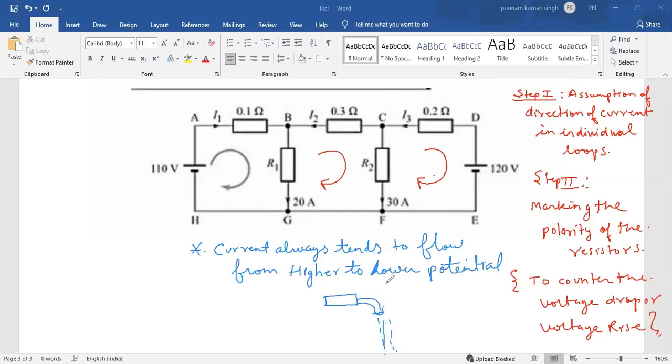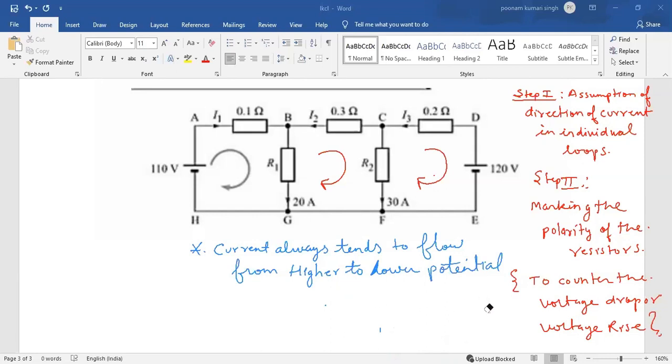It always goes from higher potential, height in terms of potential energy, to lower potential. It always moves from where higher pressure is there to the lower pressure part. In terms of your tap also you can understand this. So this is the condition for your current movement.